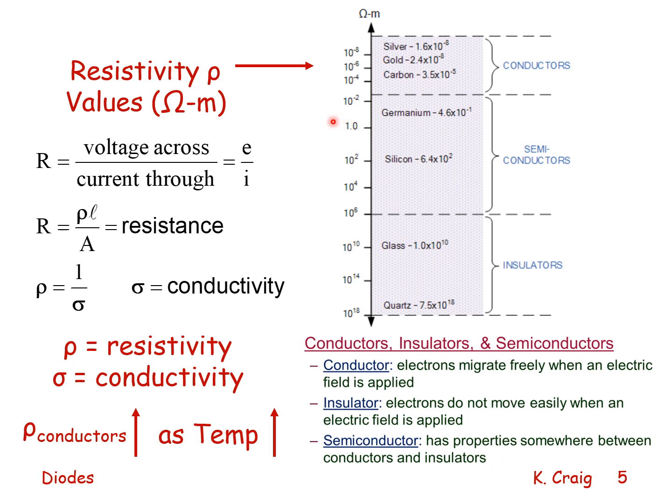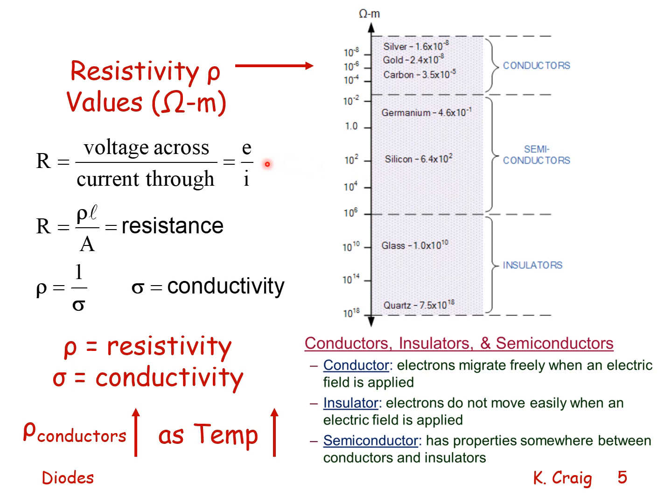This chart shows the values of resistivity, represented by the Greek letter rho, with units of ohm-meters. This is a material property. We see materials like silver, gold, and carbon have very low values of resistivity. Insulators like glass and quartz have very high values of resistivity. And semiconductors like germanium and silicon are in the middle.